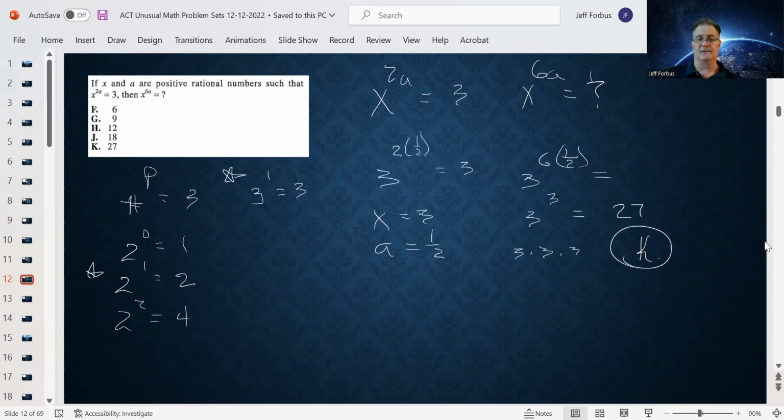Questions number 1 to 29 are always going to be the easiest. You shouldn't miss any of those at all in the first 29 or perhaps the first 30. Make it a goal to always get the first 30 correct.